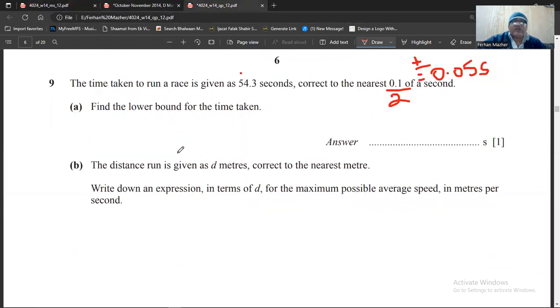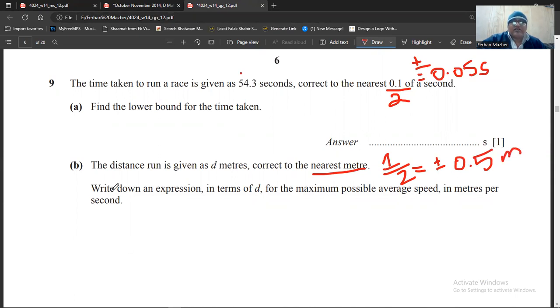Okay, then question number 9, part B. The distance run is given as d meters, correct to the nearest meter. That means 1 meter, so I will divide it by 2 and get plus or minus 0.5 meter.